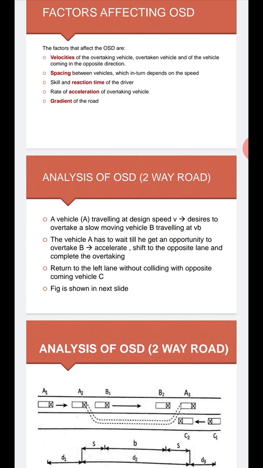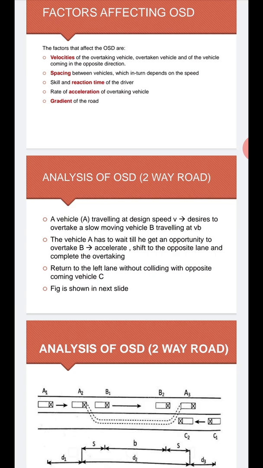Vehicle A has to wait till he gets an opportunity to overtake the slow moving vehicle B, and then he will accelerate, shift to the next lane and overtake. We can see that from A2 to A3.